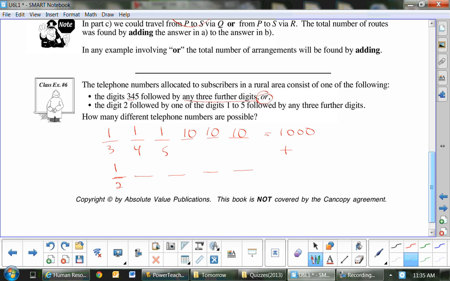How many would I be allowed for the next digit? 5. And the next one? 10, 10, 10. So that's 5,000. So together there would be 6,000 phone numbers.